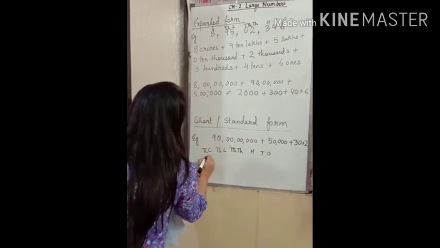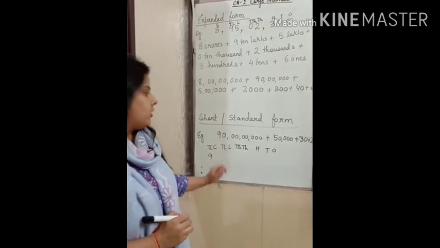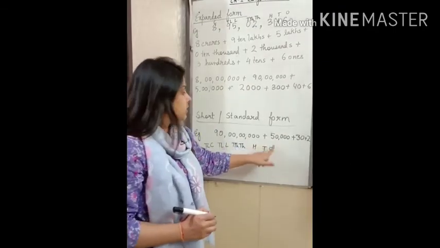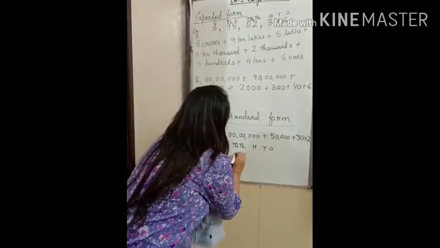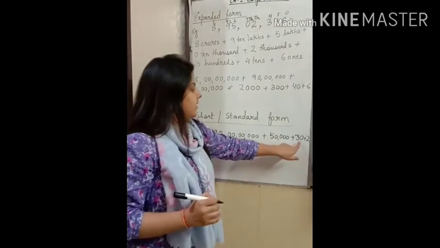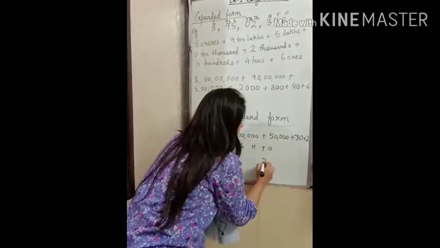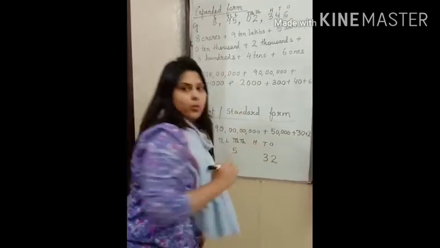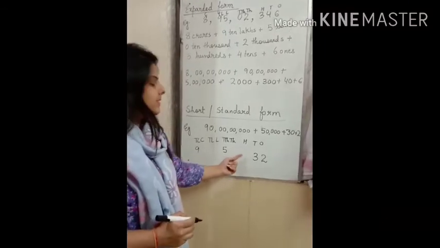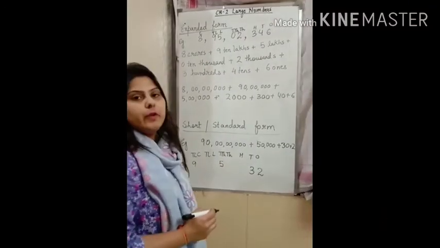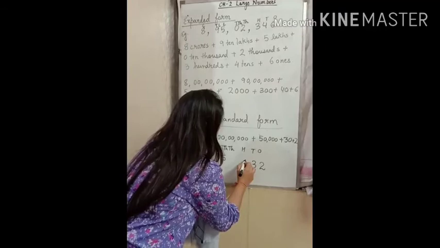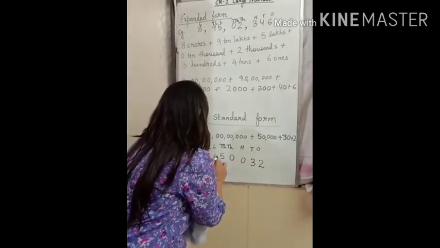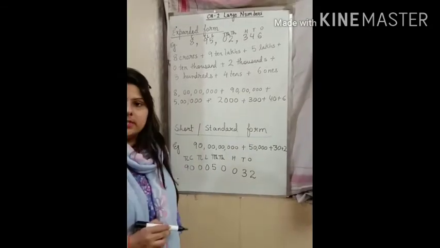So 9 will come below 10 crores. Then we have 50,000, that is 5 10,000. So this 5 will come under the 10,000's position, and this is 3 tens. So this will come under the tens position, and this 2 will come below ones. Now since all these places are left empty, we will write 0 there. So the hundreds place would be 0, thousands would be 0, lakhs, 10 lakhs and crores would be 0.